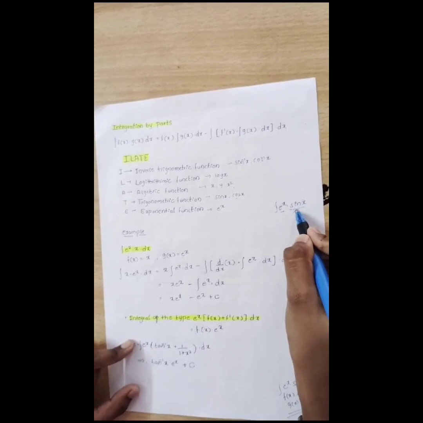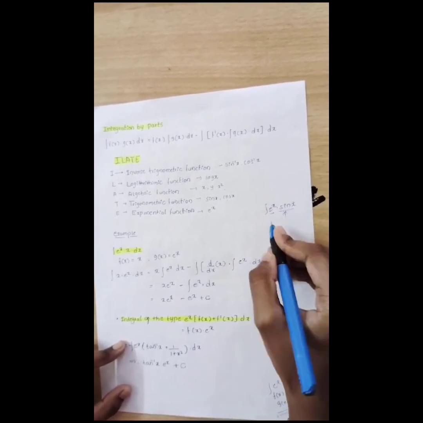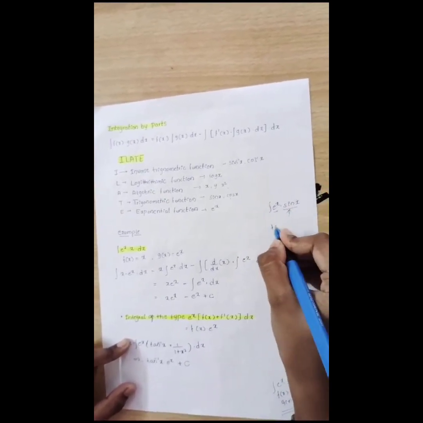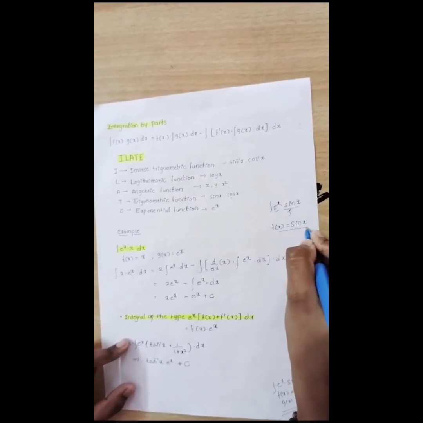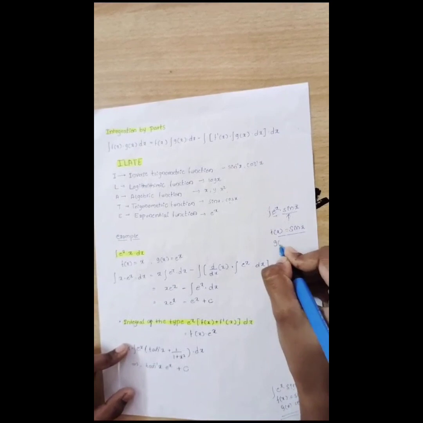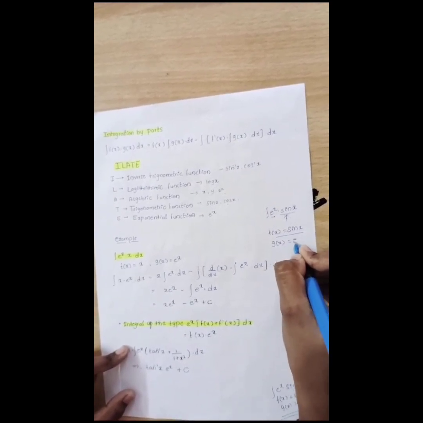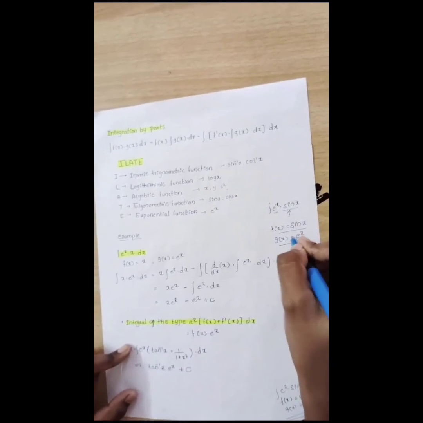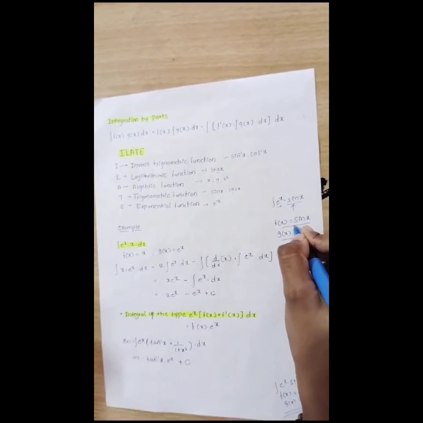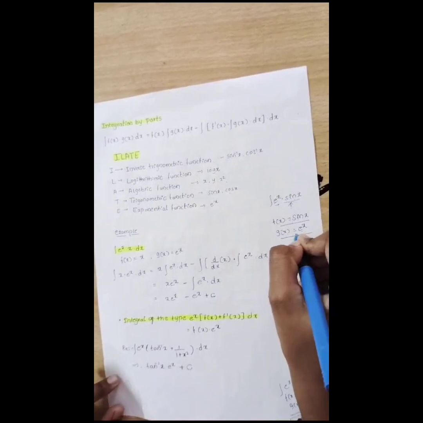The highest priority means f(x), so f(x) is equal to sin x here. And g(x) is the least priority, that is e to the power of x. So this is how we choose f(x) and g(x).